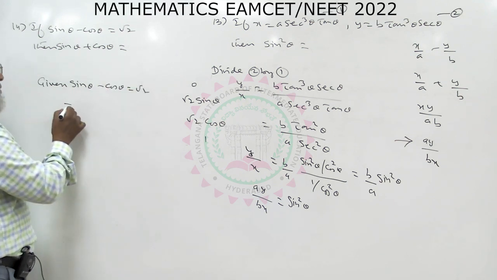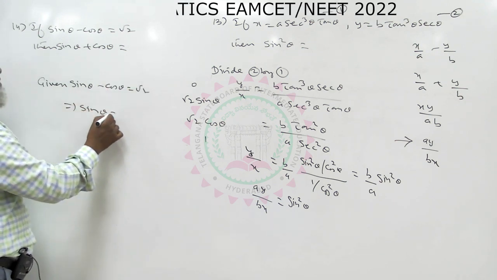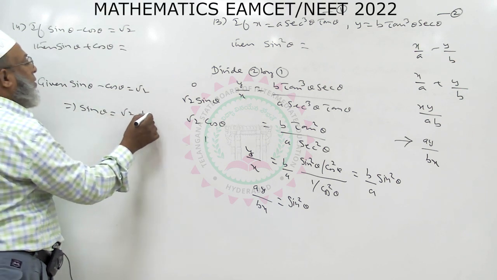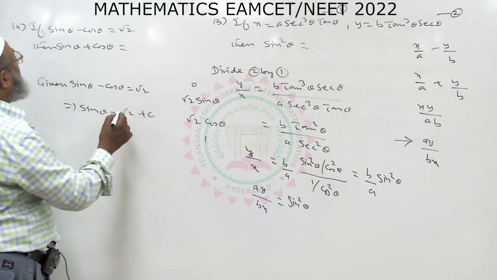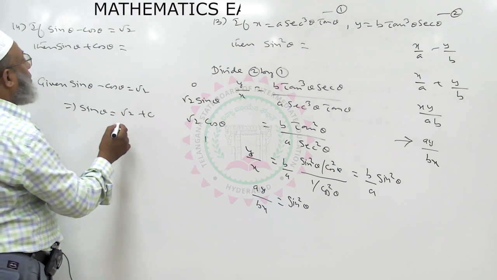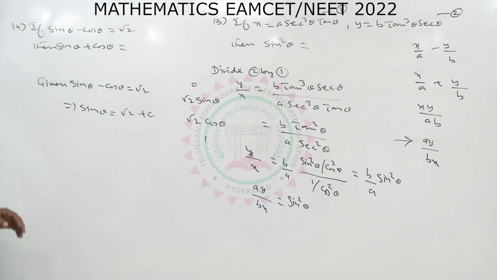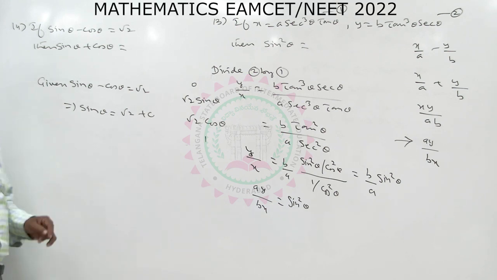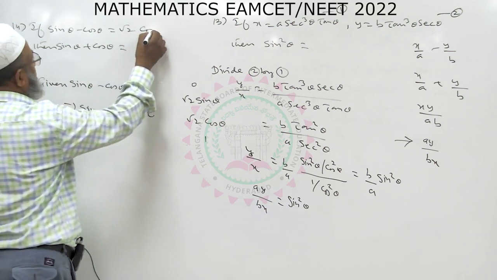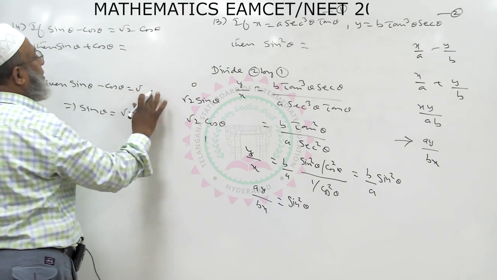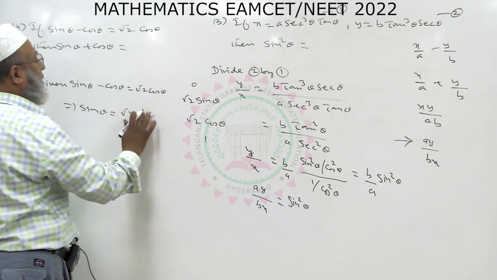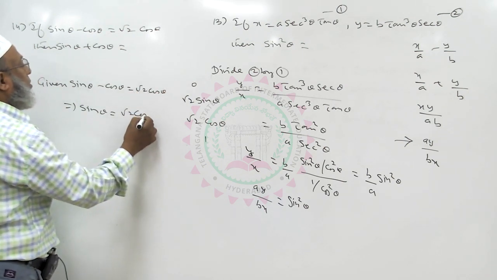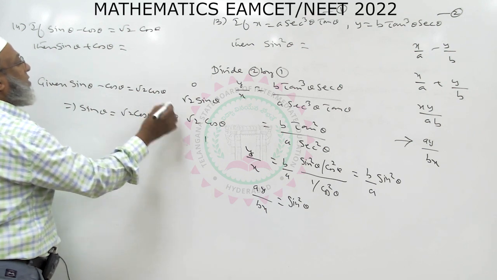What I am doing, I am shifting this to the right hand side: root 2 cos theta plus cos theta.